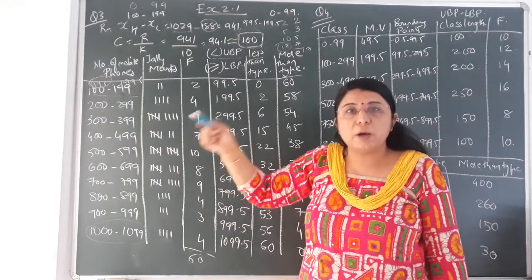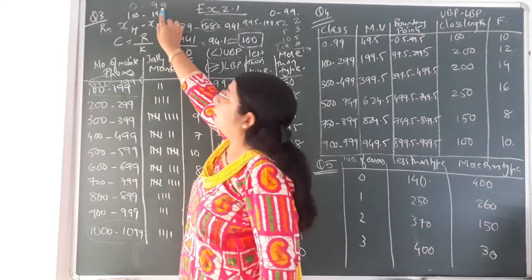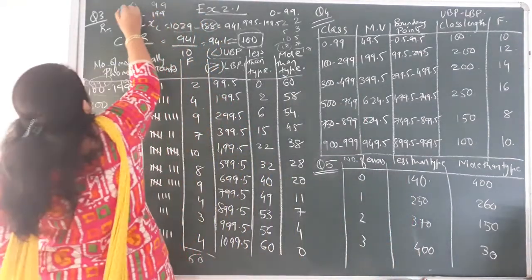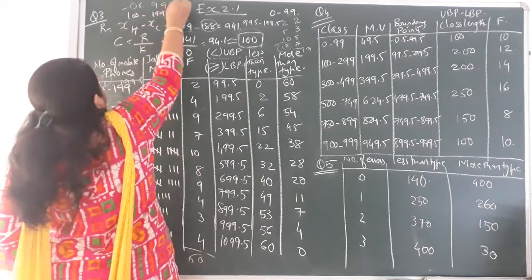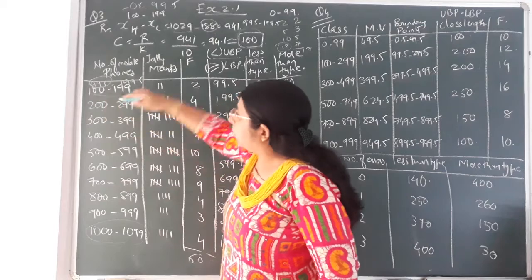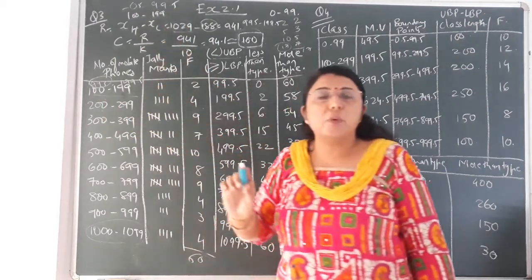Now what is the upper limit of the previous class? That would be 0 to 99.5, or you can write minus 0.5 to 99.5. That would be the previous class. The previous class of this class would be minus 0.5 to 99.5.